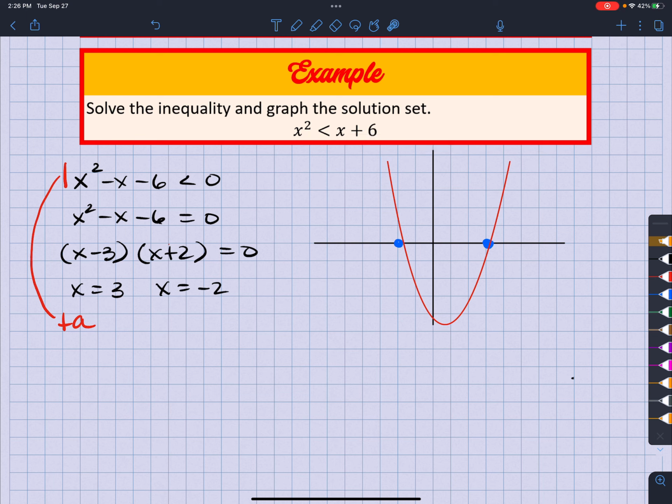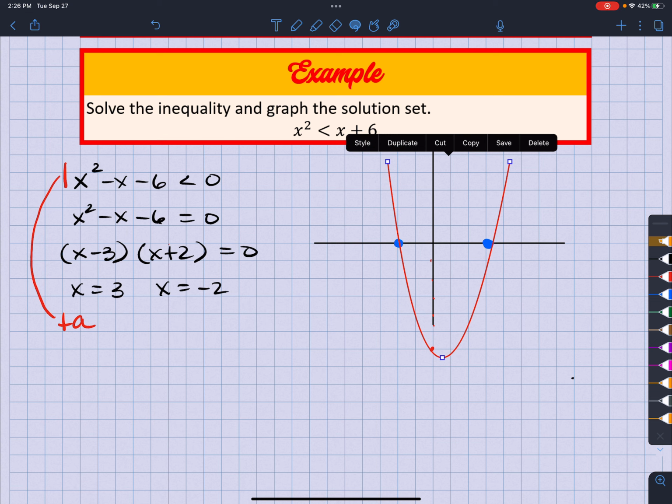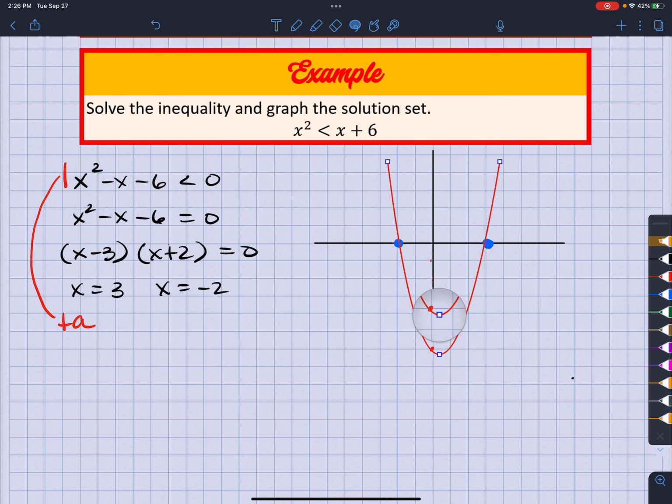When x is 0 here, it's -6. So I can go 1, 2, 3, 4, 5, 6, and take this all the way down. Bring this in a little bit, maybe I have to bring it out a little bit.